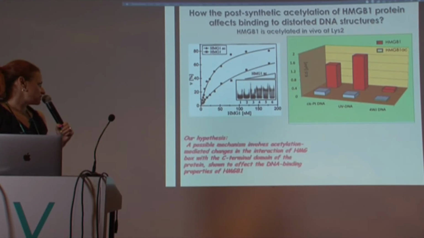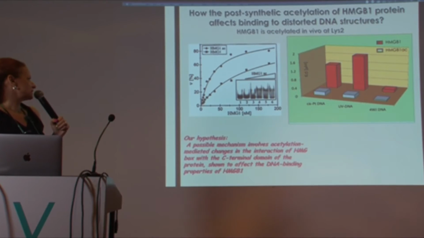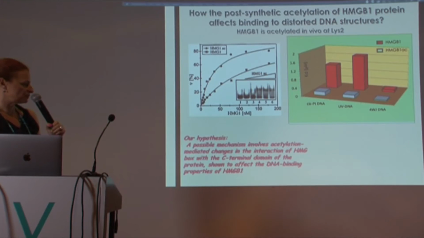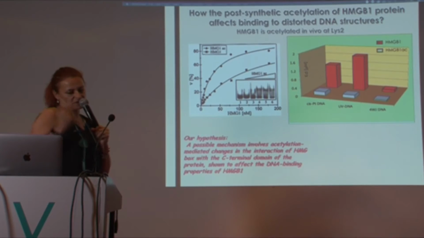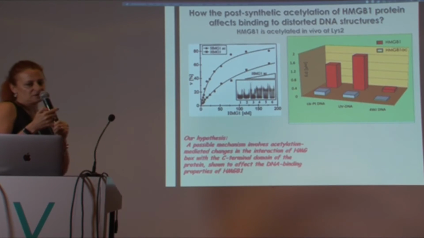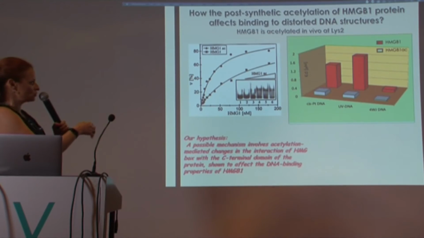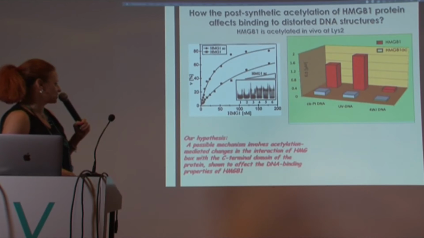So our hypothesis is that a possible mechanism behind this increased affinity is in some interactions between the acidic C-tail and the lysine in second position, which is subject of acetylation.